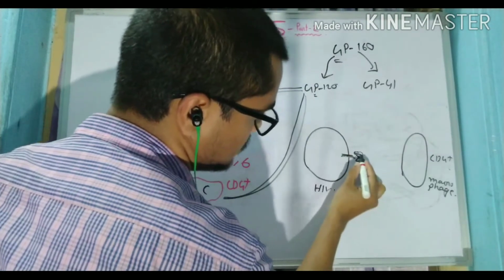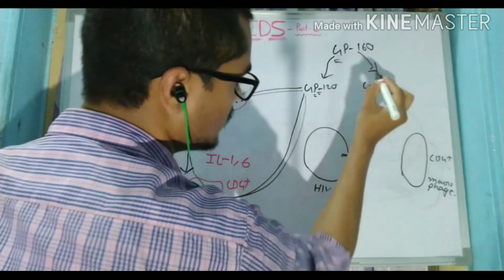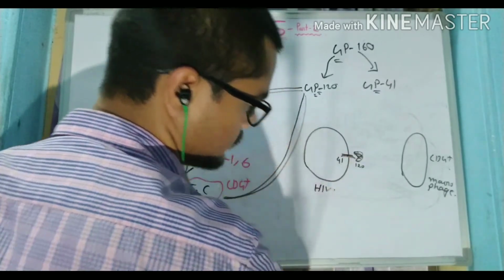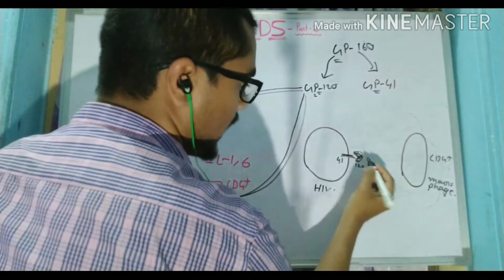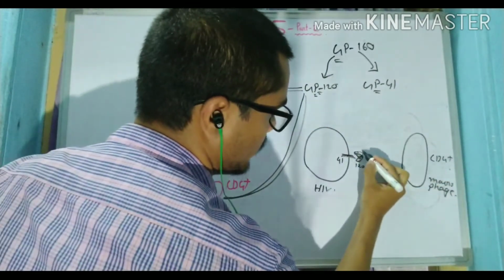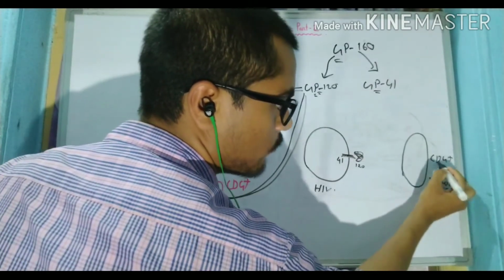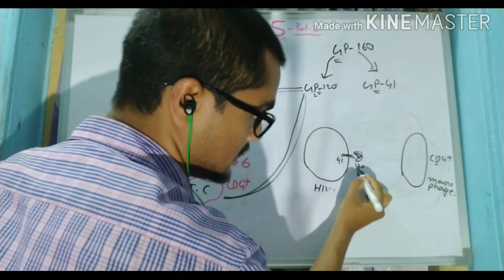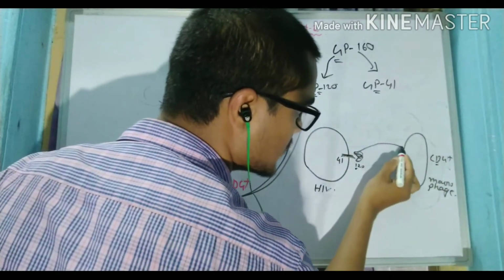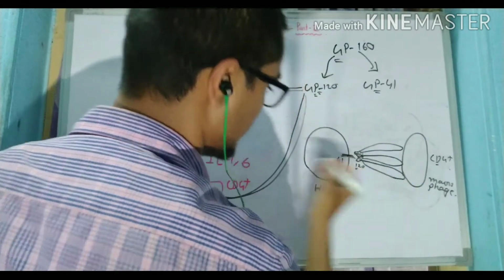The outer portion of this GP160 is known as GP120, and the inner portion is known as GP41. As soon as the virus gets close to this macrophage, GP120 will bind with the macrophagic cell, because the macrophage has the CD4 plus receptor, and GP120 has a special affinity with those cells that have the CD4 plus receptor.